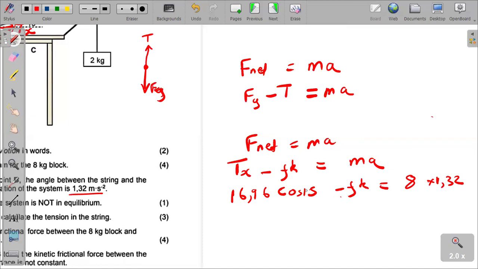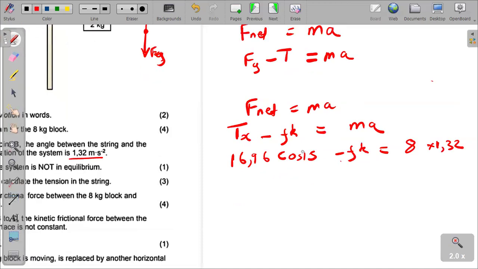And that can give us, okay, we can just simplify at this side to say 16.96 cos 15 minus, okay, 8 times 1.32, apparently we get 10.56 is equal to Fk, right?